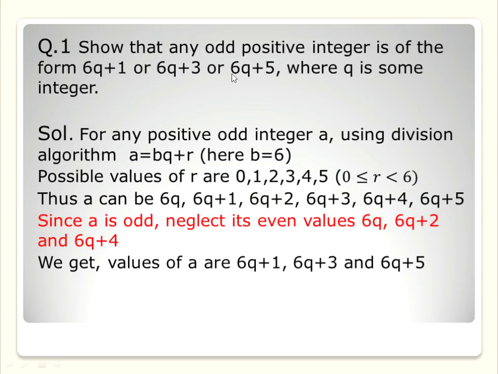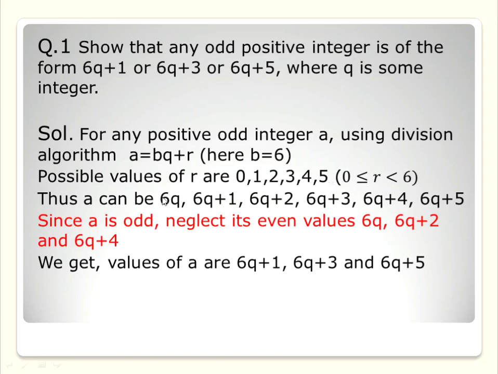So on comparing these terms with a equal to bq plus r, we get b equal to 6. Possible values of r are less than 6 and greater than or equal to 0. So these values are 0, 1, 2, 3, 4 and 5.